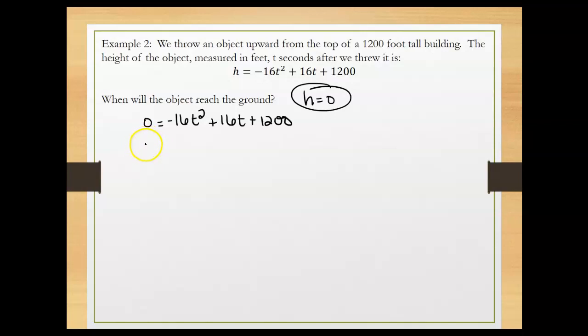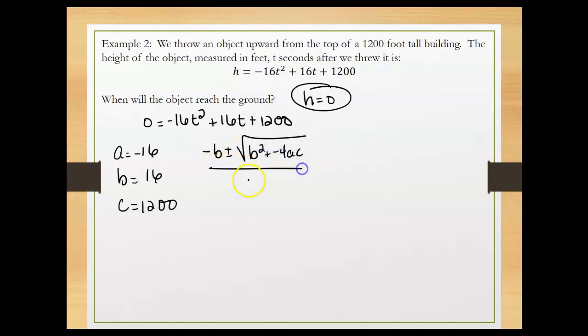You will find that I often use quadratic formula when the numbers are large and I don't want to take the time to factor. So A is negative 16, B is positive 16, and C is 1200. Notice I didn't put any variables on A, B, and C there. Quadratic formula is negative b plus or minus the square root of b squared plus negative 4ac over 2a.